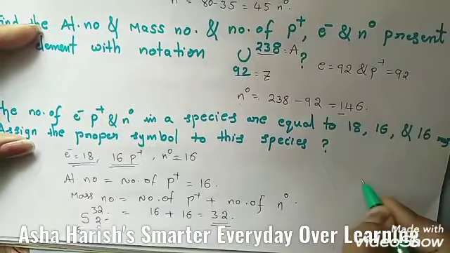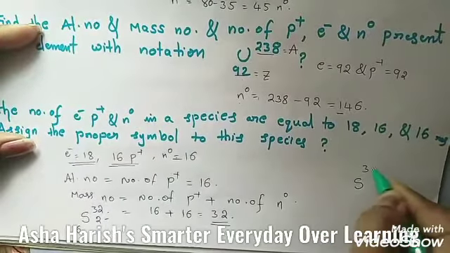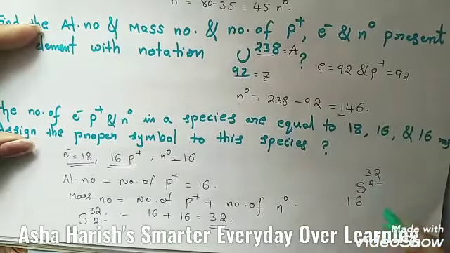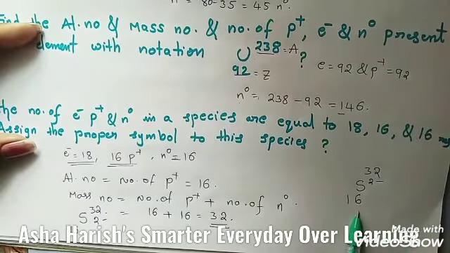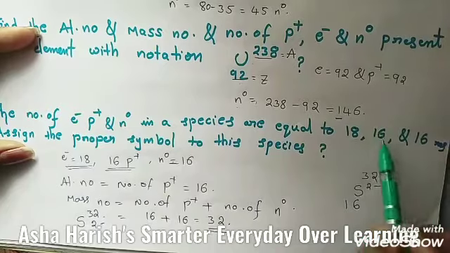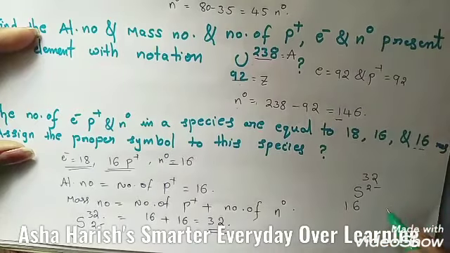That means, students, sulfur 32 and 16, sulfur 2 minus. This has 18 electrons, 16 protons and 16 neutrons here.